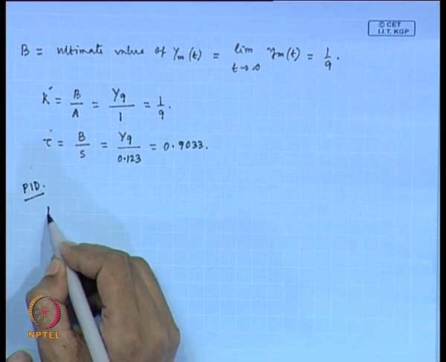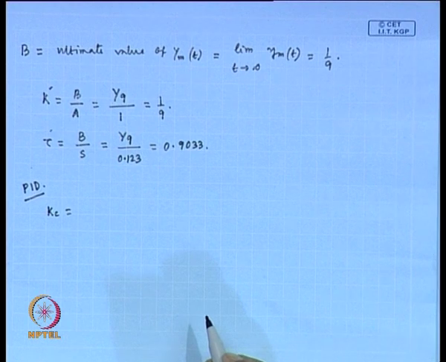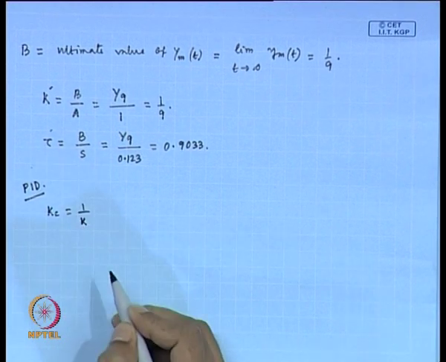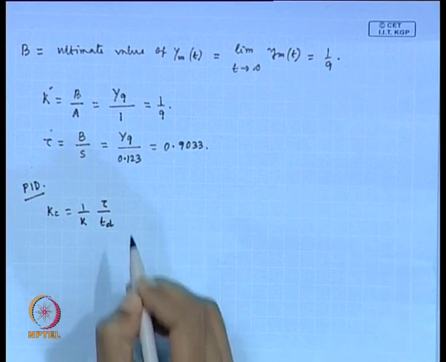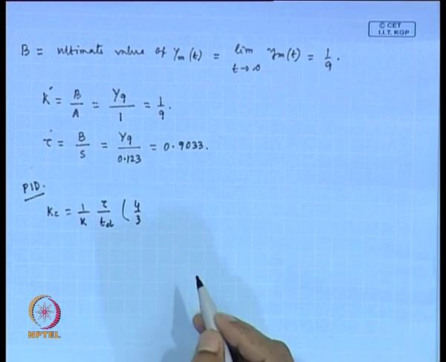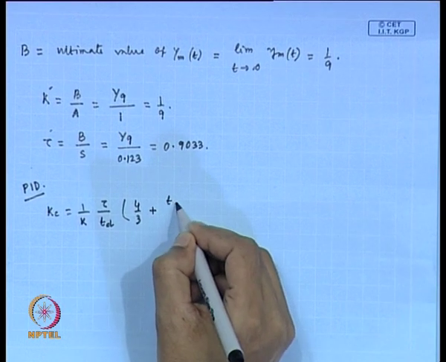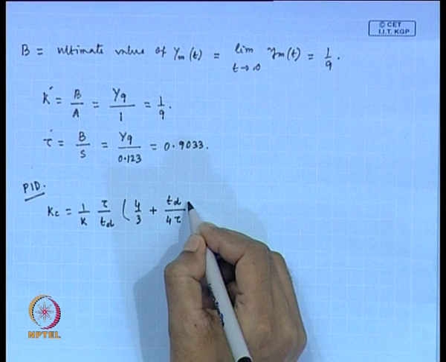For the PID controller, the expression for Kc is Kc equals 1 by K, tau by Td multiplied by 4 by 3 plus Td divided by 4 tau.